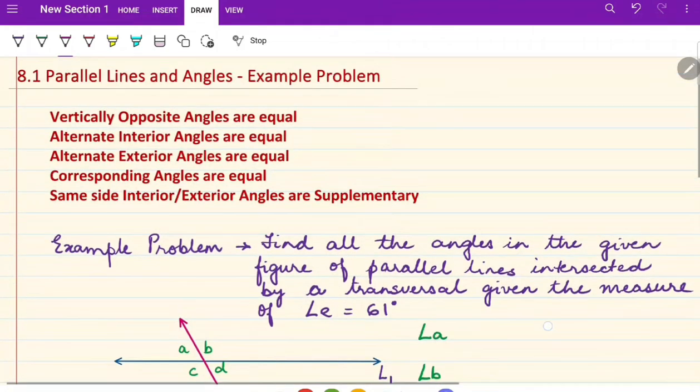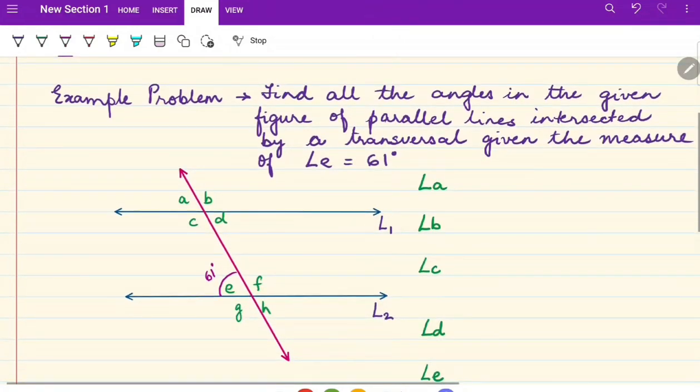So we're going to start with the first one on our list, which says vertically opposite angles are equal. So which is the vertically opposite angle to angle E? H, which is directly opposite to angle E. That will also be equal to 61 degrees.